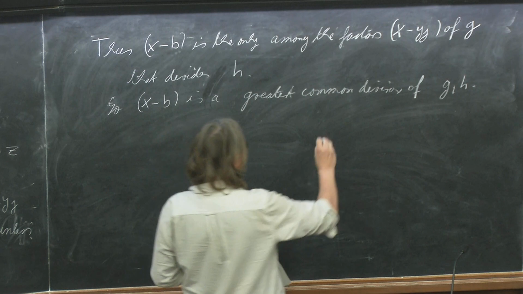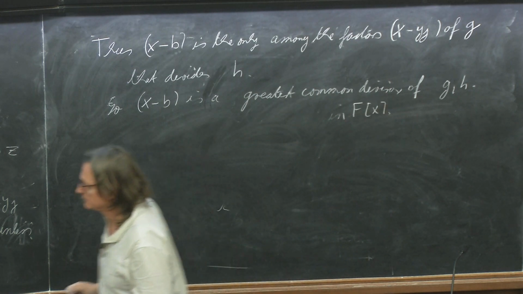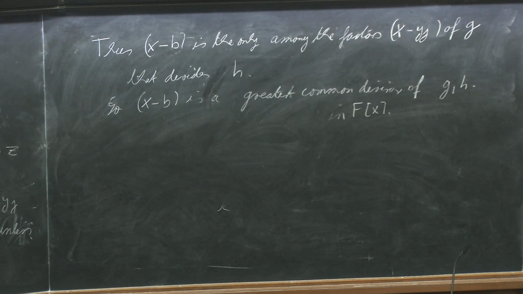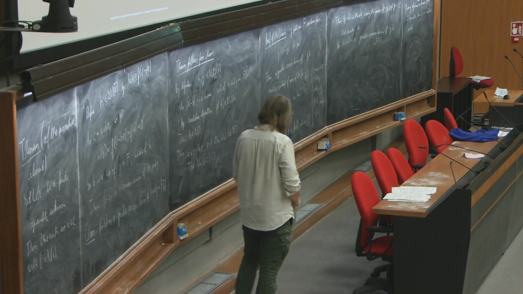So the greatest common divisor in Fx, if I have the greatest common divisor in Fx, then we know it lies in Kc, so b lies in Kc.